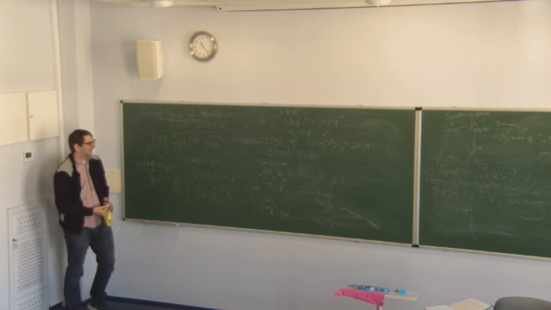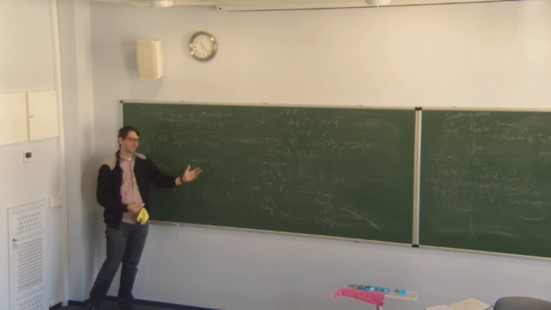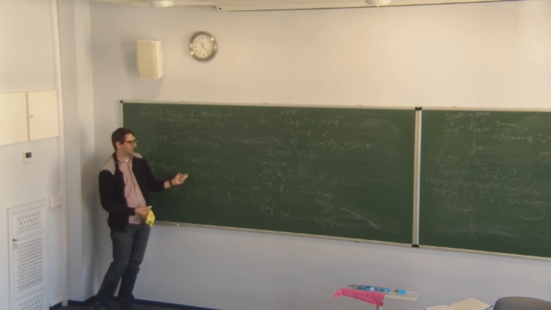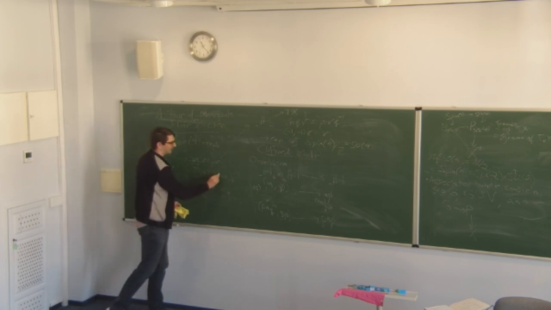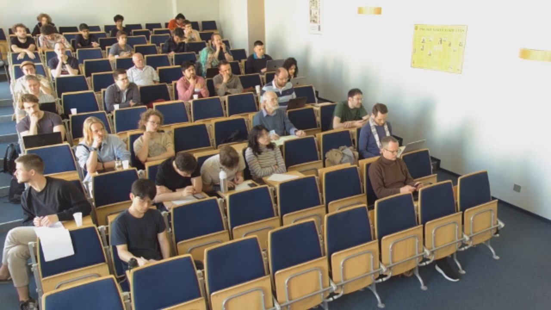It's hard to really get your hands on what a spinor is, and sections of these two bundles are called spinors. It's hard to visualize what they're doing, but at least from this point of view, we've constructed a map like this, and this will be called Clifford multiplication.